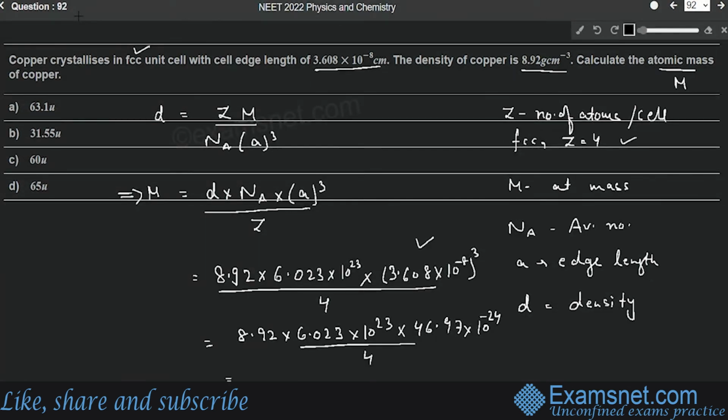Okay, now on solving this complete expression, we'll get 63.08. Okay, so that will be equal to 63.1 u or unit. Okay, so option A will be the correct answer here.